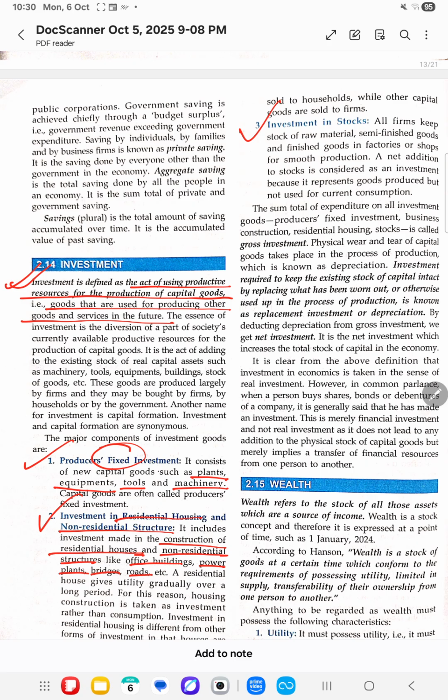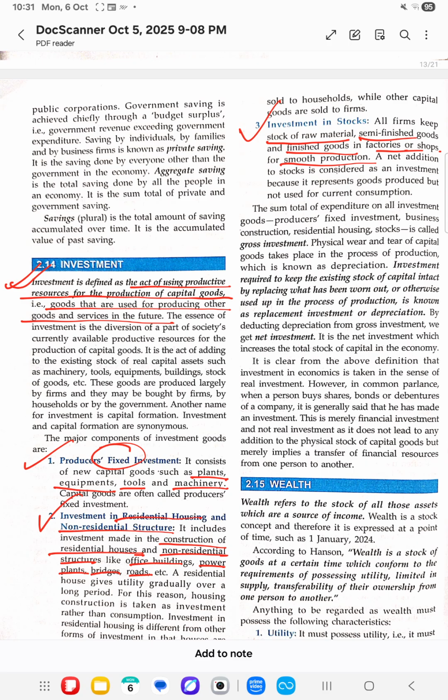And what is investment in stocks? It is a stock of raw materials or semi-finished goods or finished goods in factories or shops for smooth production. Okay, so when you are investing in something that is adding as a stock, it will come under the third category. And when you're investing in something like plants, equipments, tools, machinery, which will be fixed for a long period of time. Okay, so there's a difference between adding stock and fixed investment.